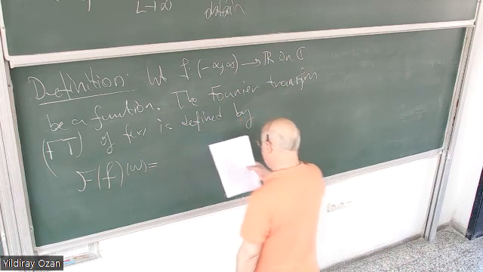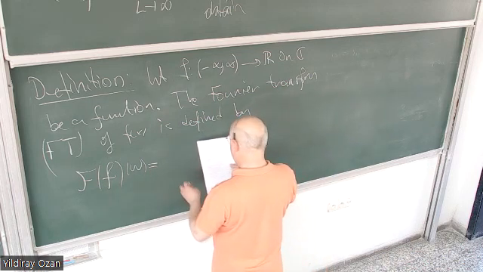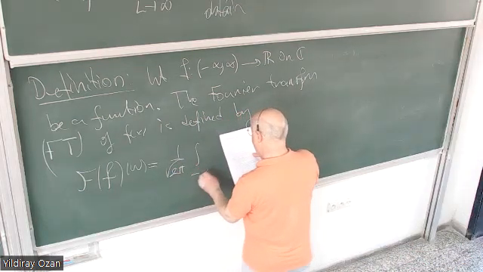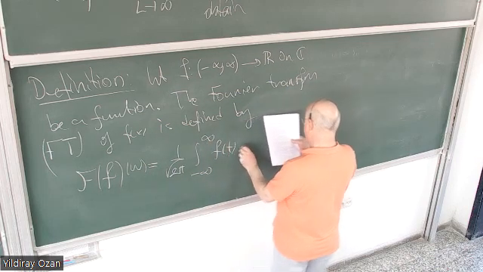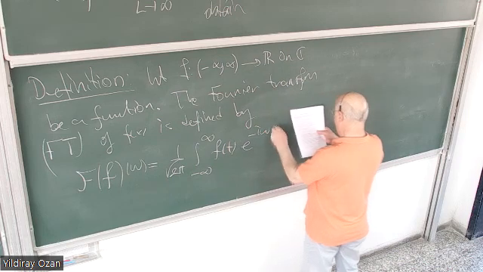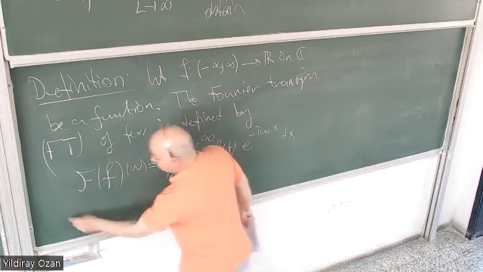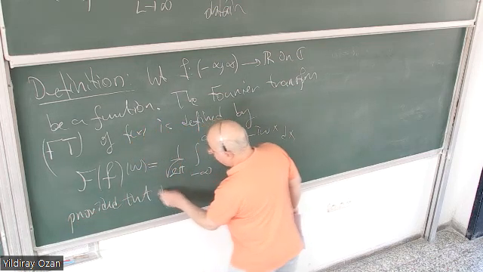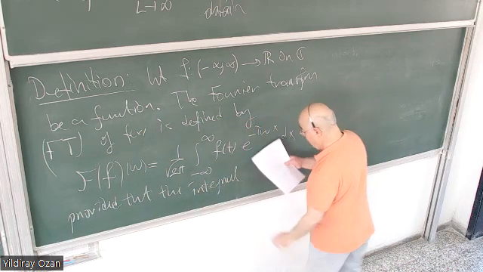And it is just this number 1 over 2 pi, integral from minus infinity to plus infinity of f of t e to the power minus iwx dx, provided that the integral exists.